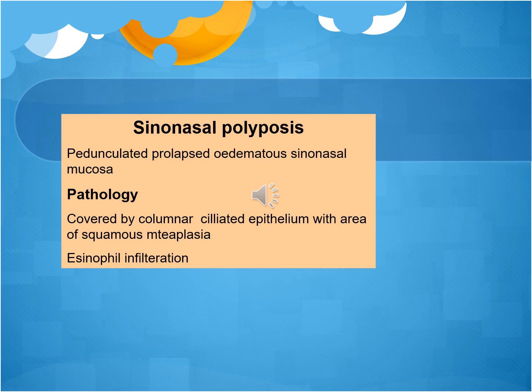So the better name is sinonasal polyposis. It is a pedunculated prolapsed edematous sinonasal mucosa. Of course, it's covered by respiratory epithelium, but if it is exposed to the air, it can be transformed to squamous epithelium by squamous metaplasia.